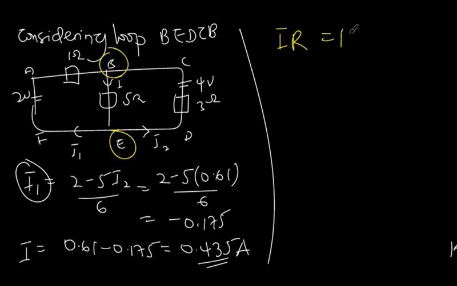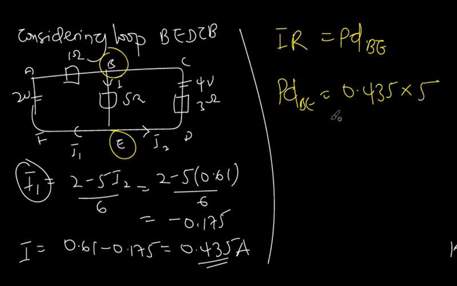That is the potential difference across BE. So the potential difference across BE is equal to the current, which is what we found over here, 0.435, times the resistance, which is 5. So if you multiply this, we are going to get 2.175 volts.